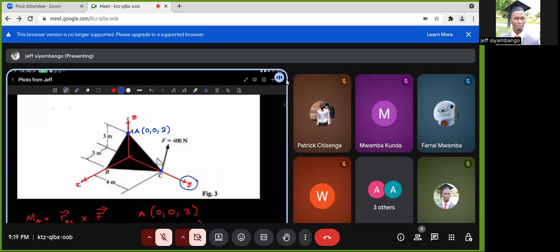And on the y-axis, x is 0 and z is 0. How far along the y-axis is it? Four steps.